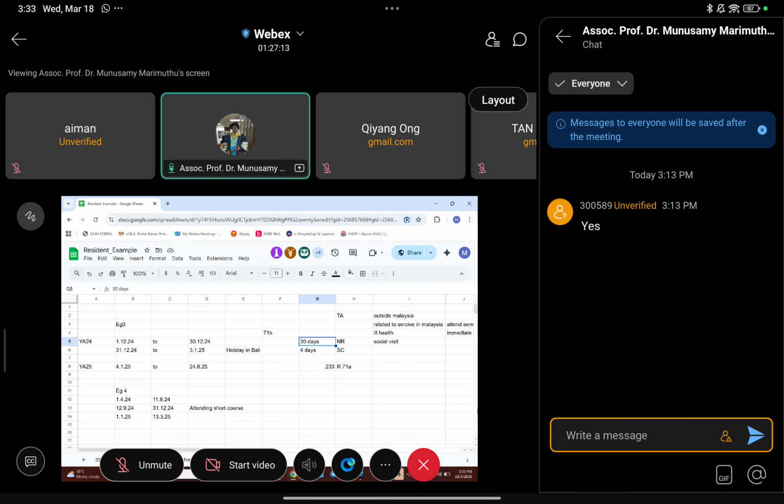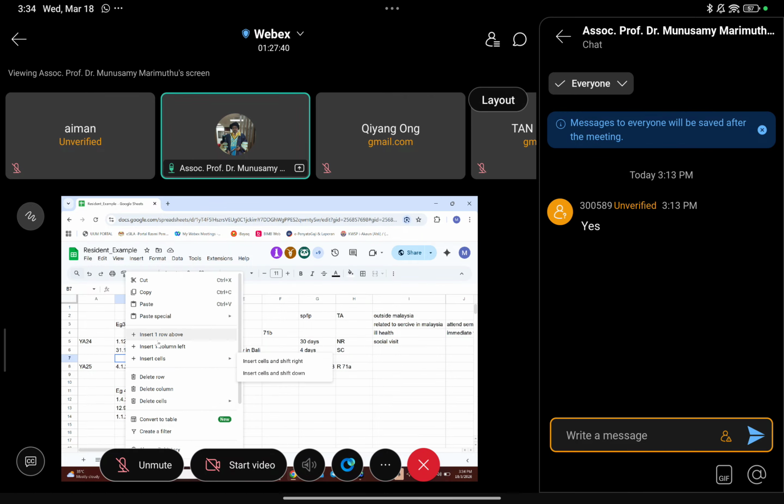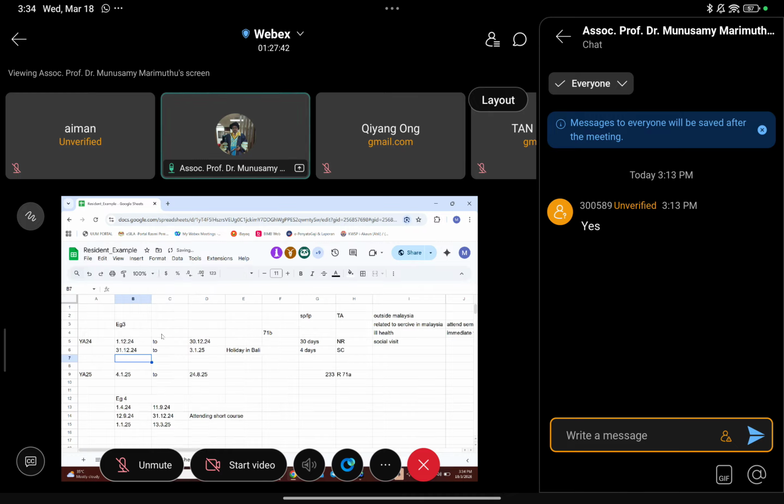Okay, 7.1B, first of all, the number of days is less than 182, only 30 days. Correct? So I told you the temporary absence can happen in a shorter period or in a longer period. This is the shorter period. 2024 is the shorter period. Oh, this one I need to split actually. Insert row.